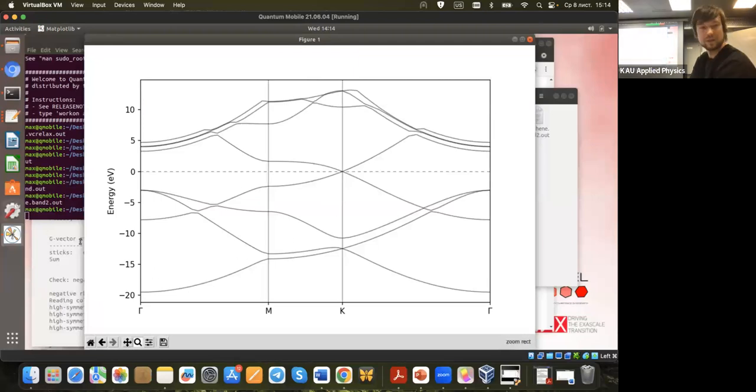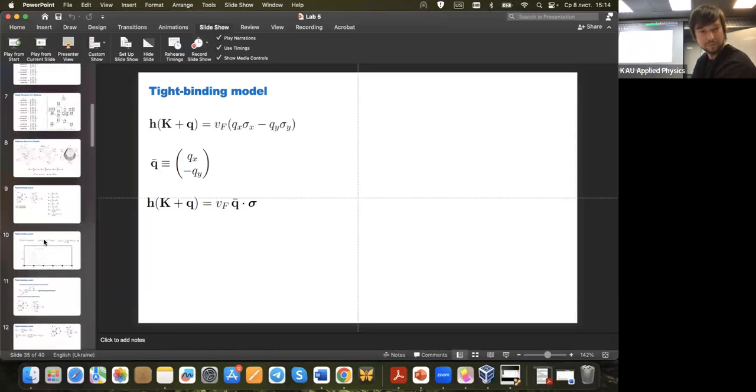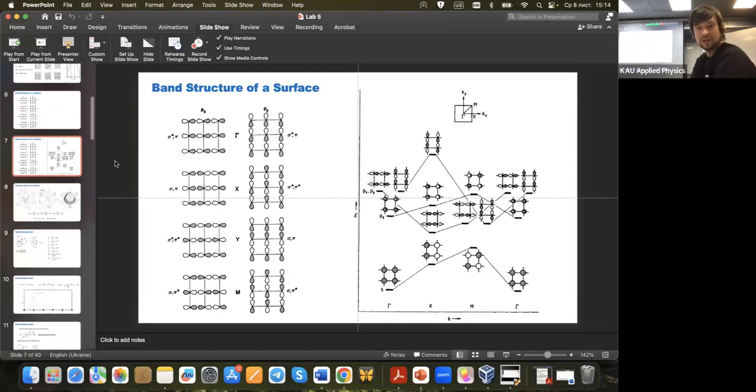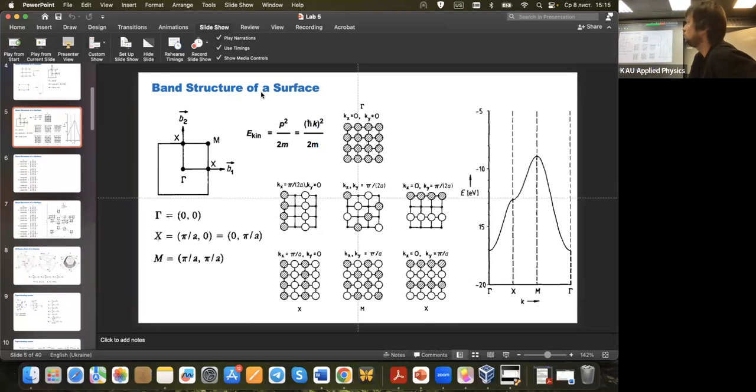Also, I showed you this very simple model from the Hoffmann book. You remember this thing? I showed you how to take these 2D band structures, and we took just this simple parabola model and made this thing.